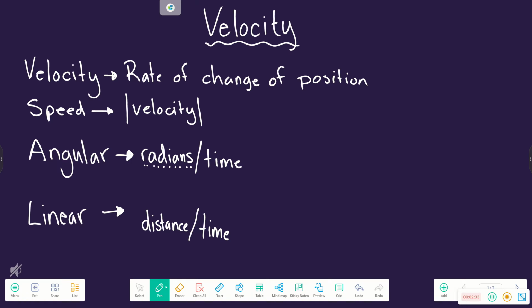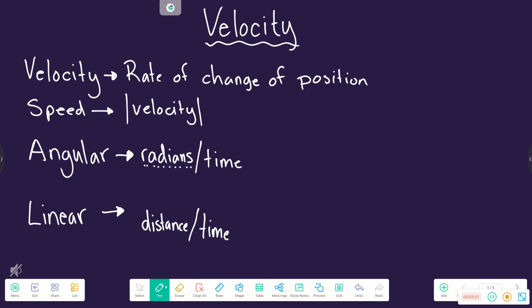Distance equals rate times time, or rate is distance divided by time. This distance can be any type of distance. It could be feet, meters, inches, miles, yards, whatever it is. It is just not radians. It is not revolutions, because those are two very different types of calculations. They're not really giving us a distance.